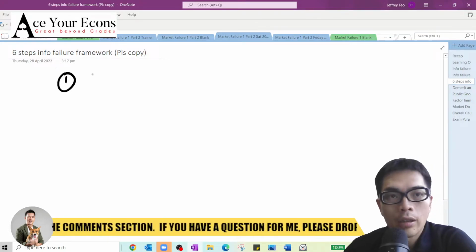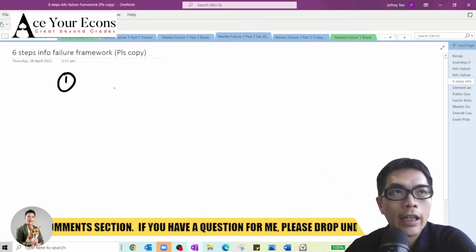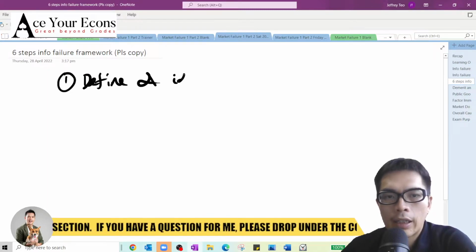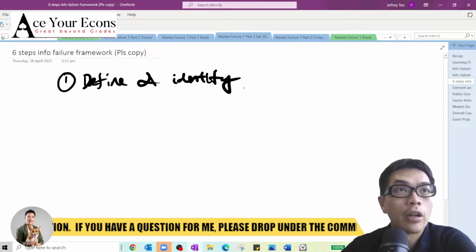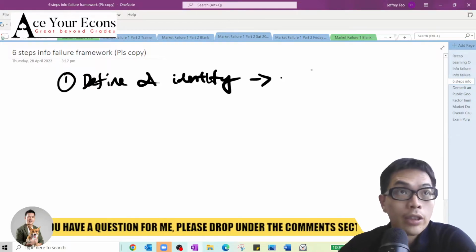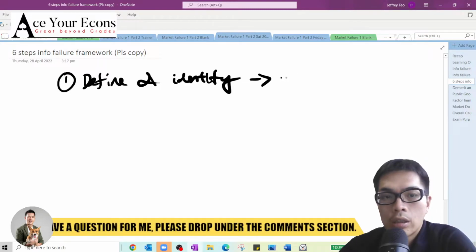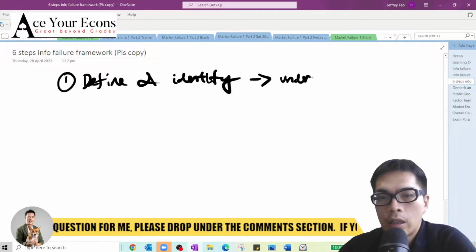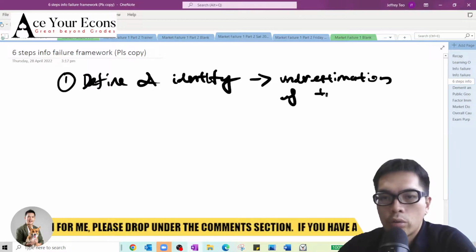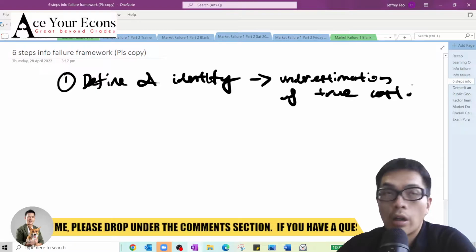Step 1, instead of identifying it as an externality, we need to define and identify the source of info failure. Let's use the alcohol instance: it could be underestimation of true cost of consuming alcohol, or actual cost.